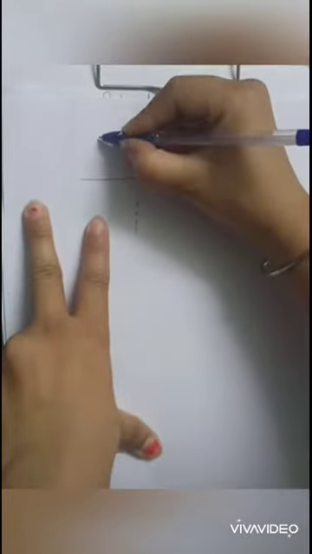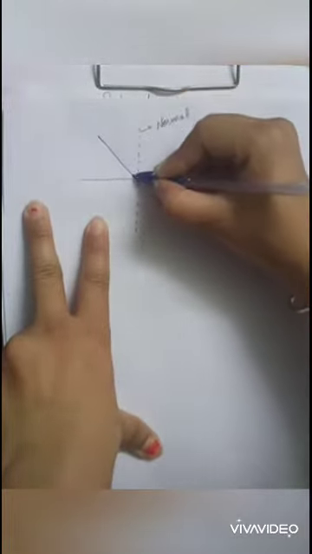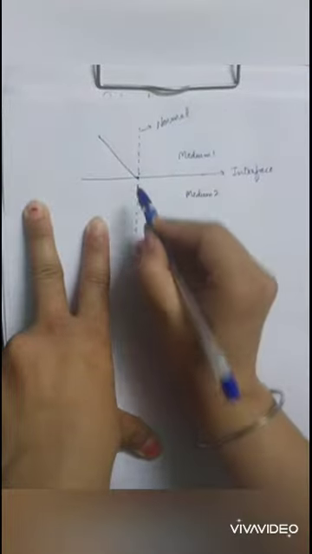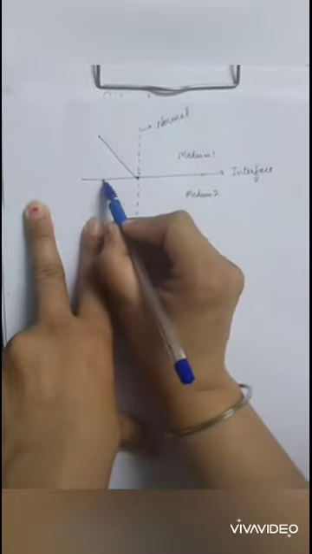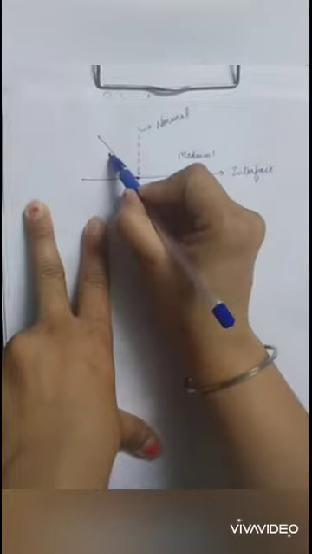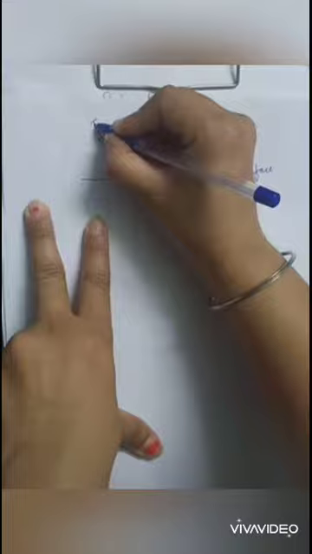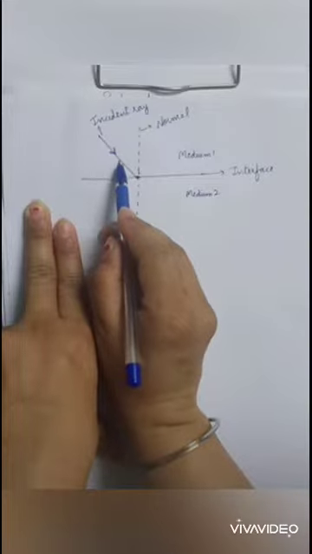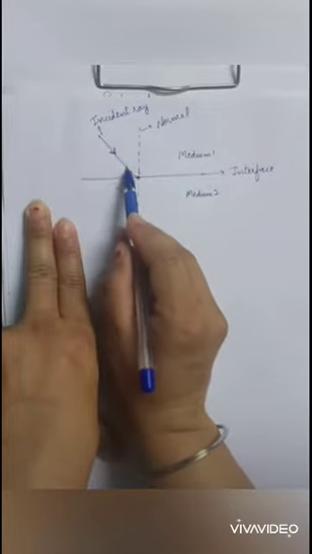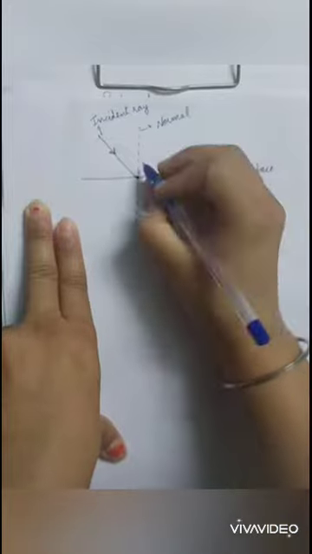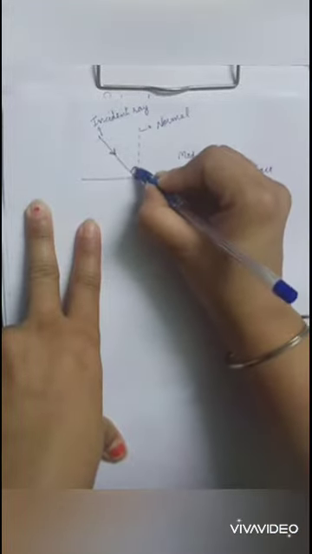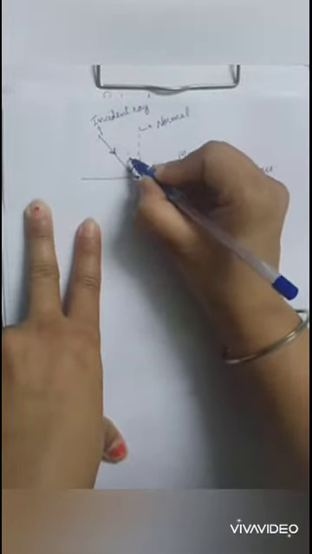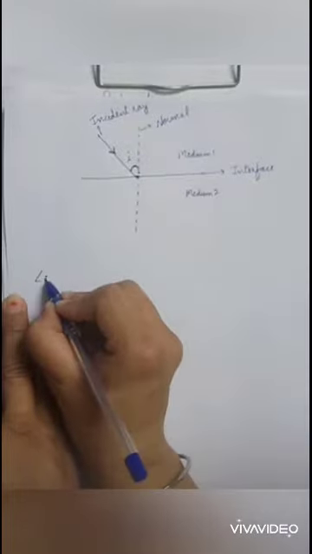Now, when a ray of light is incident on the surface or on the interface of the two media, this ray is known as the incident ray. Here this angle is known as the angle of incidence, angle i.